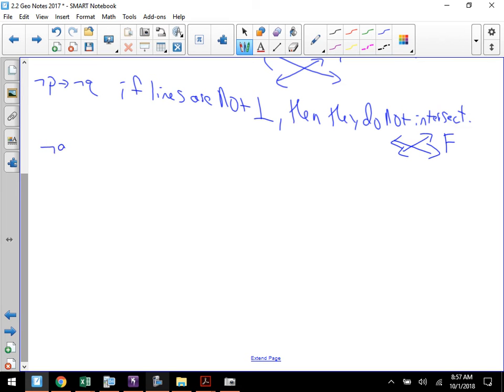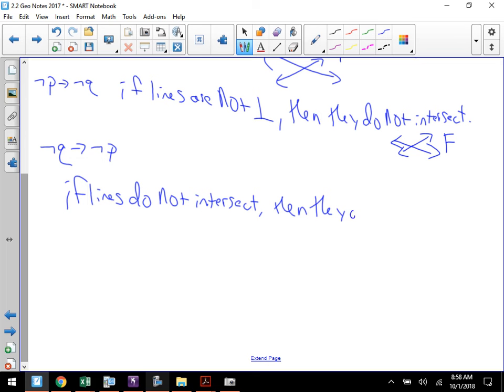So not Q, not P. If lines do not intersect, then they are not perpendicular.